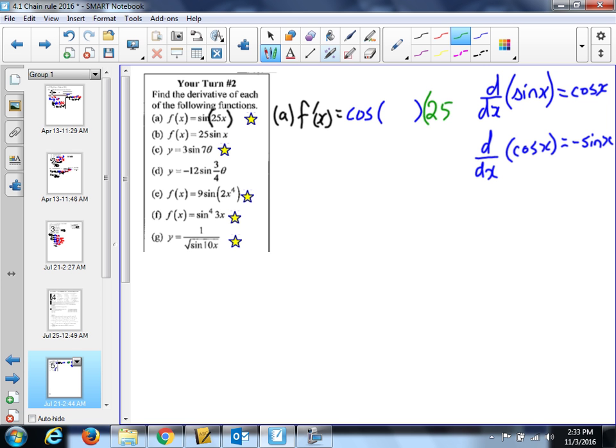Now I'm going to separate that. By the way, this was leave it alone, right? 25x. That didn't change. Okay, we digging that? That's f prime of x. Anyone? I did that real fast.